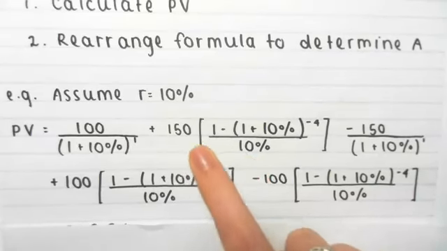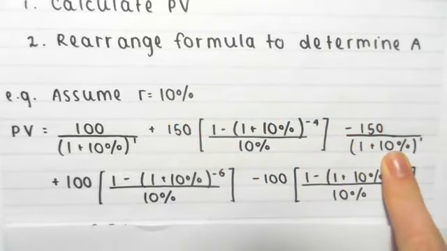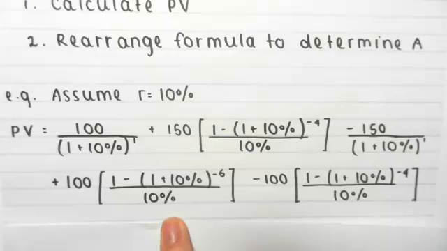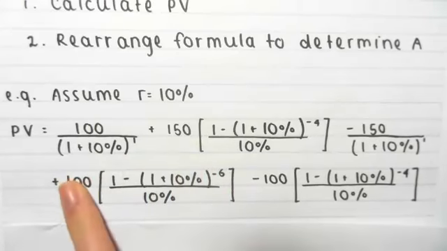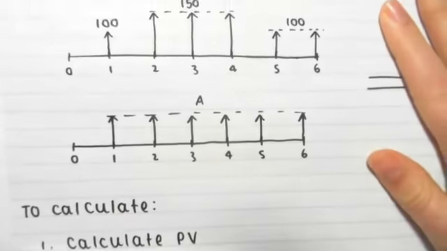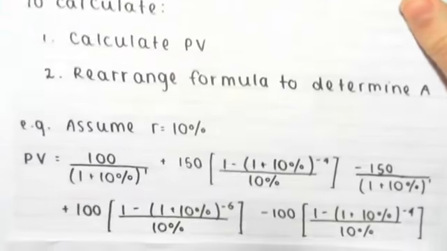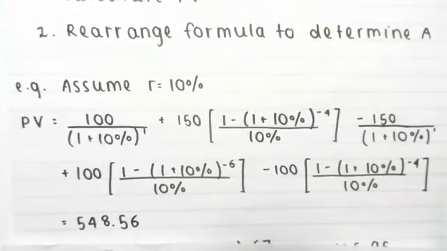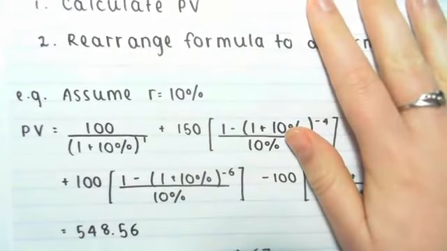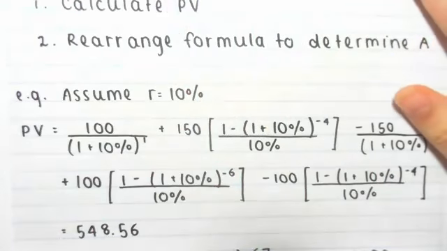So I've assumed that it occurs for 4 periods and then minus that first period. And then we've got the $100 deferred annuity, so I've assumed it occurs for 6 periods and then minus the 4 periods to get the deferred annuity. So then if we plug that all in, we get $548.56. Now that's the present value, so that's in year 0.